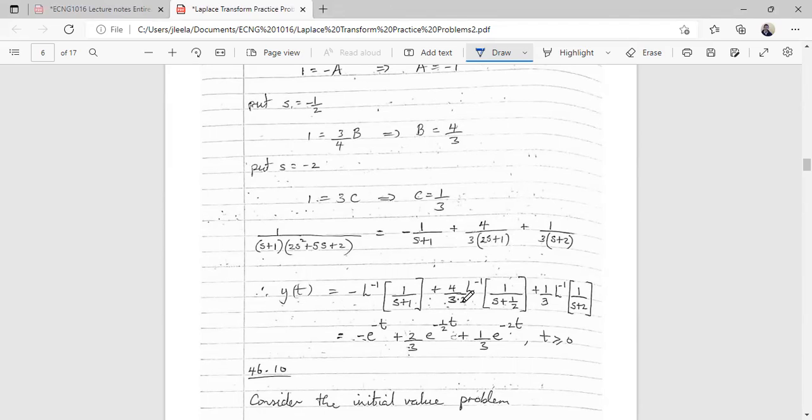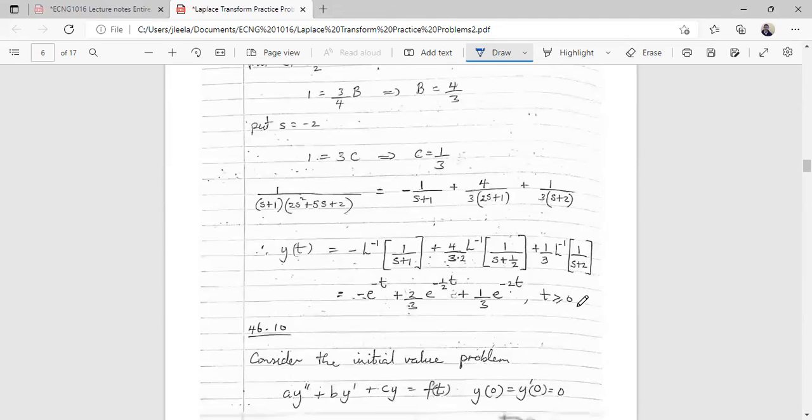So I pull out the 2 on the bottom here. So that is 4 over 3 by 2, Laplace inverse of 1 over s plus a half. You can evaluate the Laplace inverse with something over s plus a constant. And plus 1/3, the Laplace inverse of 1 over s plus 2.